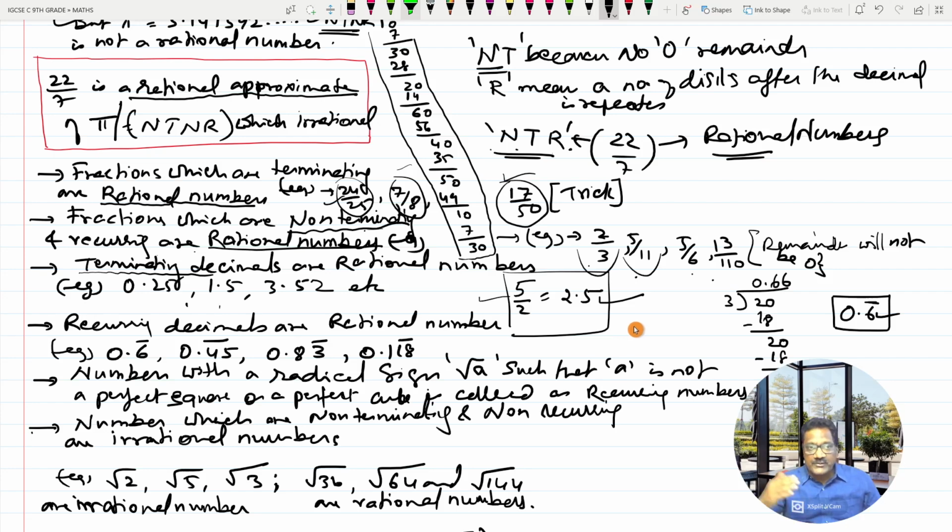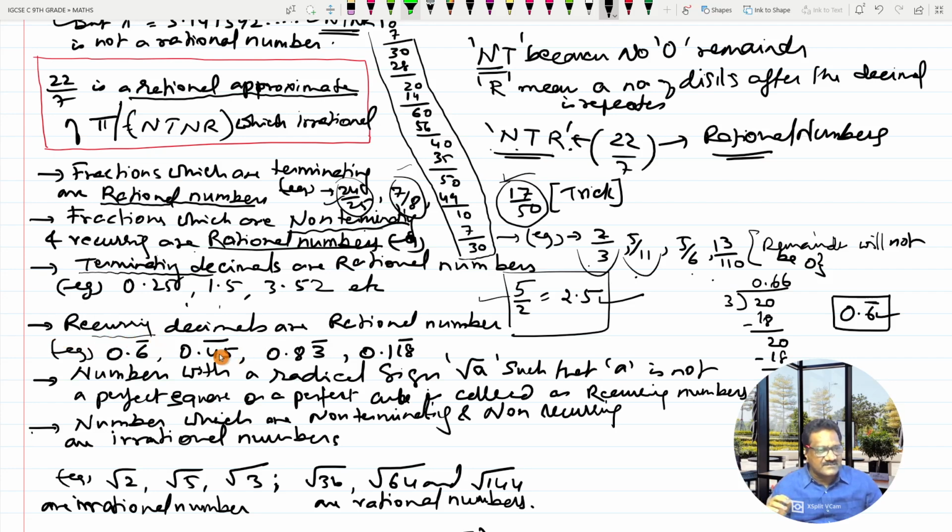So I hope you are getting the concept clear: what rational numbers are, how to identify them, and how to differentiate one from the other. Now coming to the next point, that is this one. Recurring decimals are rational numbers. Whenever a number is in decimal form and something indicates that it is a recurring decimal, how will you come to know?